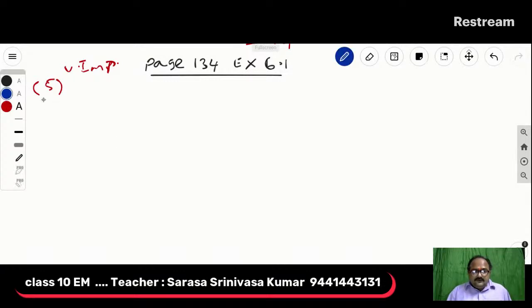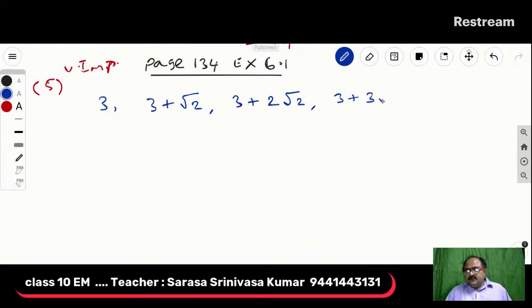So the problem is 3 plus root 2, 3 plus 2 root 2, 3 plus 3 root 2, and so on. This is a very important problem.